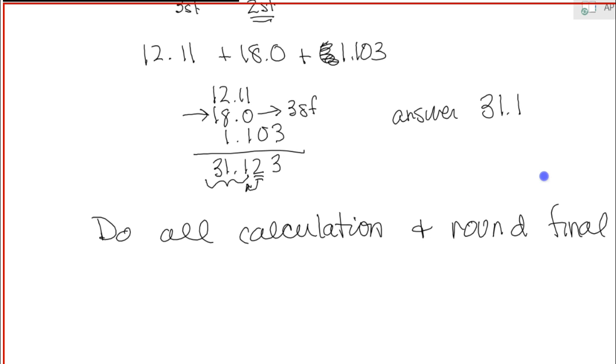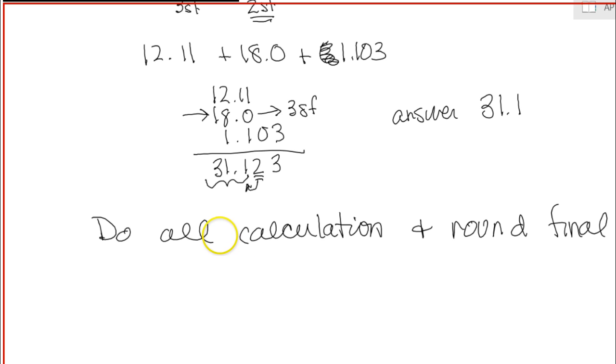Okay, so what's going to happen here is that you're going to find that sometimes you've got multi-step calculations. You need to not round the interim answers until the final answer. So what that might mean is that you need to learn to rearrange equations and isolate the variable before you do any calculating.